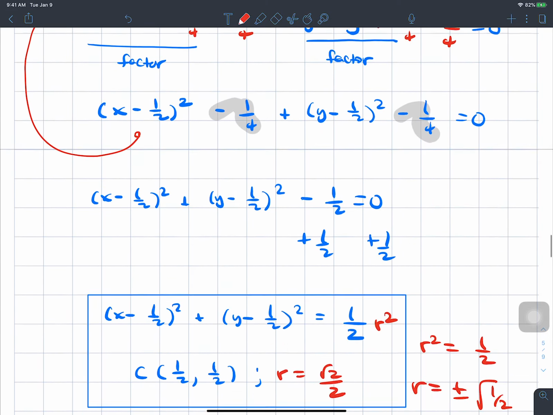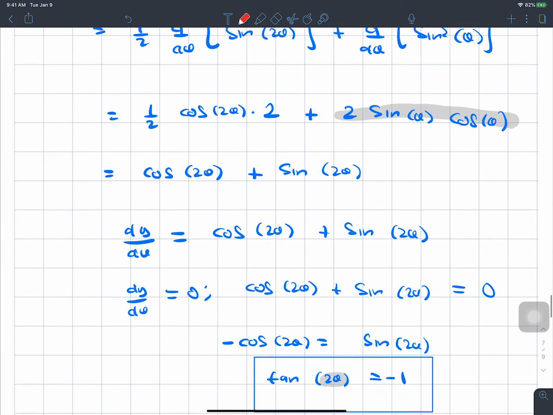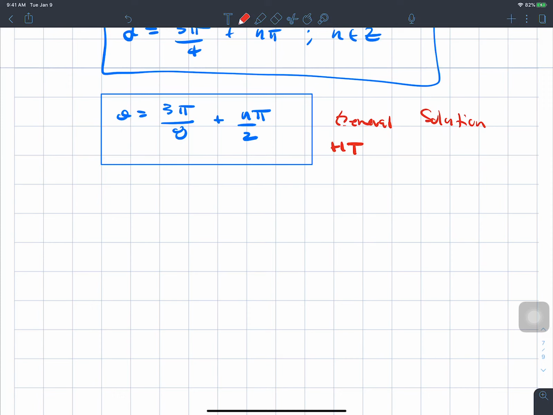So we're going to have 2 locations on that circle. Remember the circle, I'm going to go back to that picture maybe. When your n value is 0, theta is 3 pi over 8. When n is 1, you say, what's my theta?